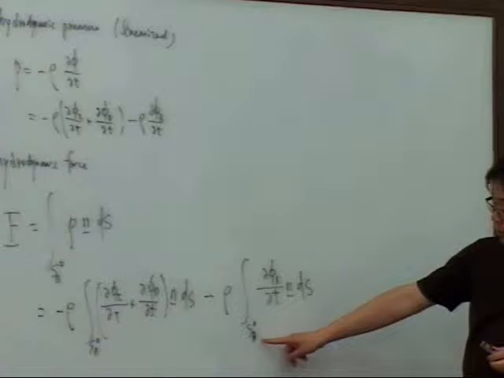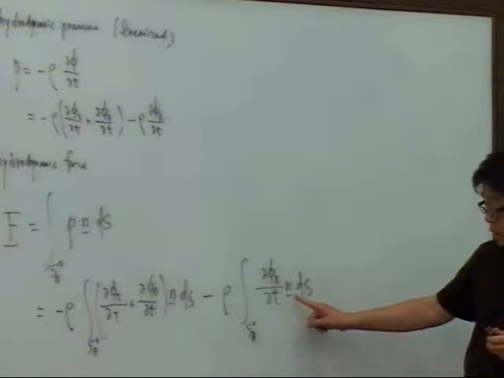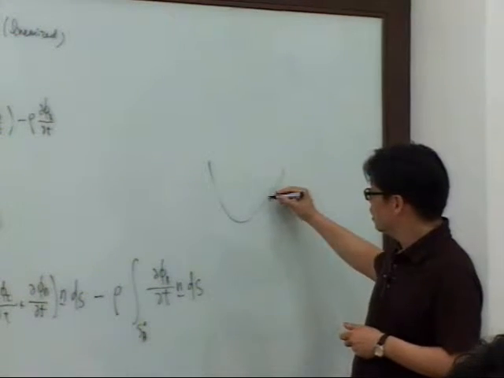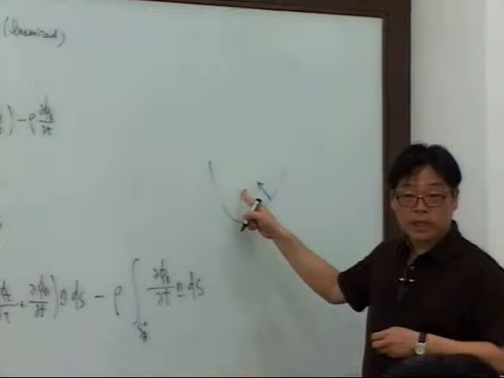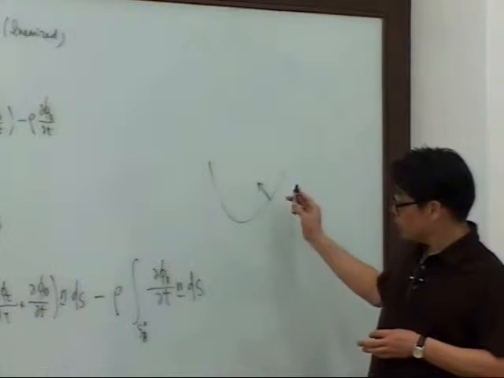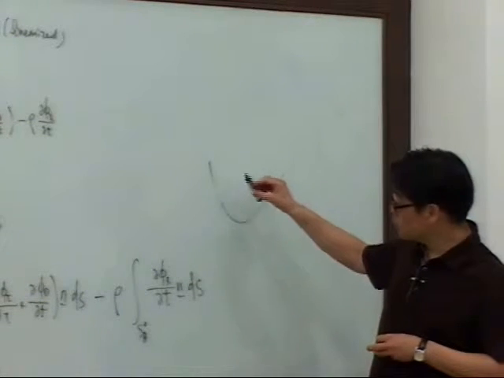Since I'm integrating over the mean position, this n is a normal vector toward the body, always away from the fluid, right? And this normal vector is defined on the mean position of the body.